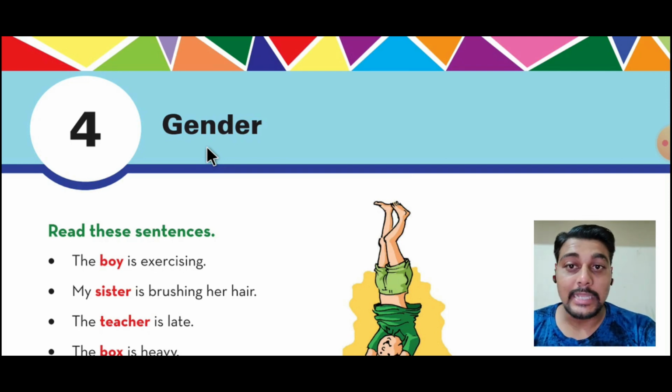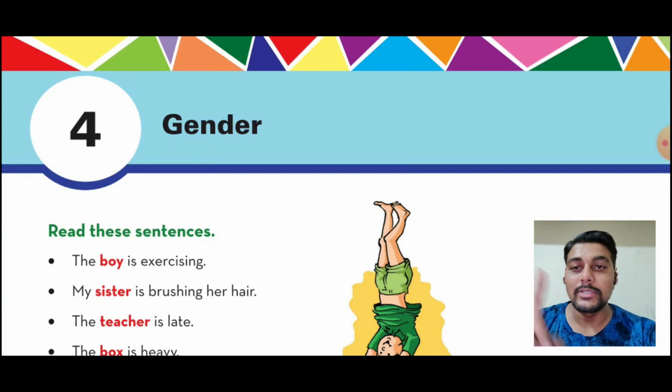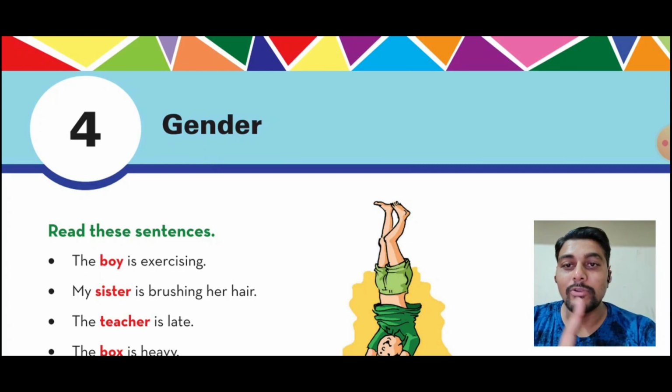Do you remember the title of the previous chapter, chapter number 3? Yes, the title of chapter number 3 is singular nouns and plural nouns. Singular noun means the nouns which we call about the quantity of one only. We are talking about any one thing, person, or animal. That is called singular nouns.